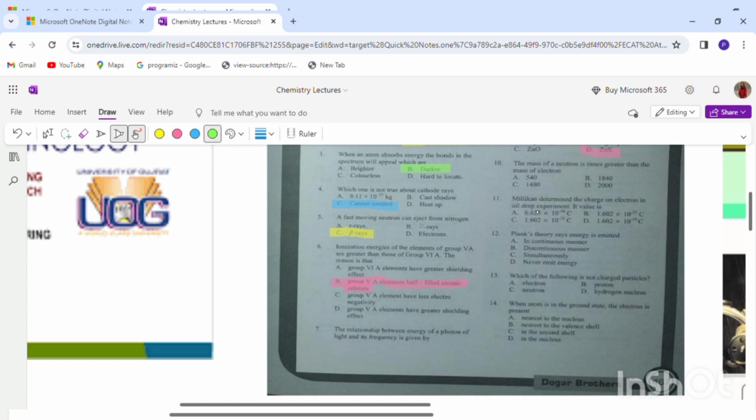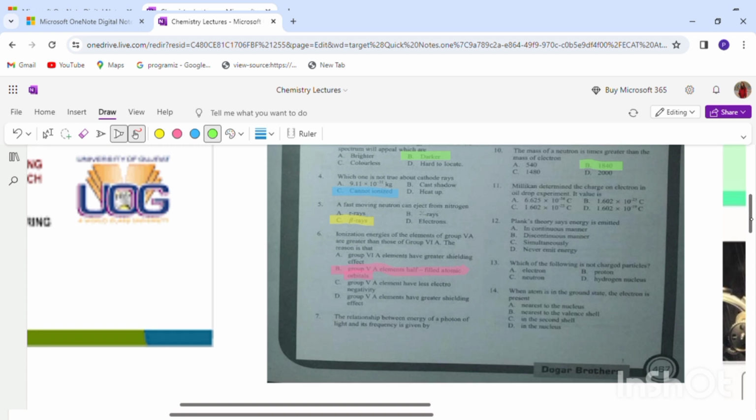If they had written proton here instead of neutron, the answer must be 1836, right? For now the answer is 1840 since they have asked us about neutron.